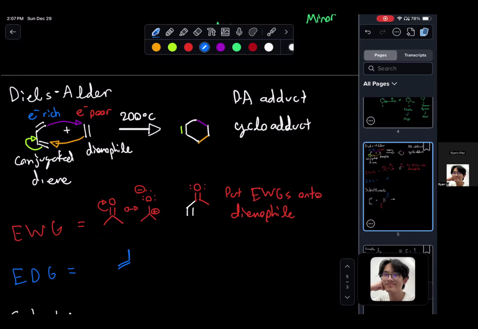So we have something like an oxygen just chilling on its own, and resonance-wise, they donate it down. They push electrons down onto this. Now, if you put these onto the dienes, generally that'll also help speed up the reaction too. Let me give another color for this.